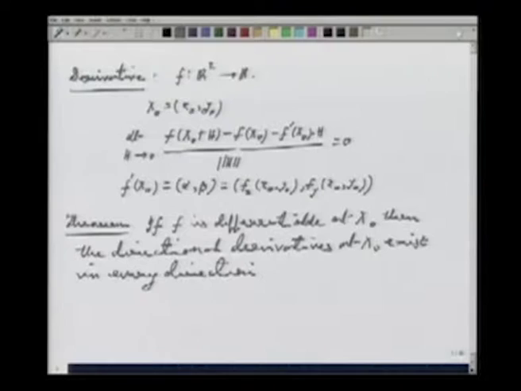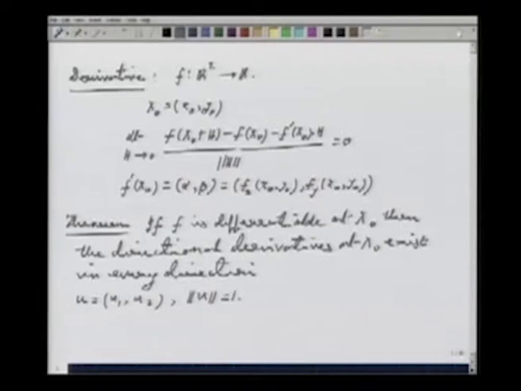Let me again recall the definition of the directional derivative. I take a vector u which looks like (u1, u2), such that the norm of u is equal to 1.